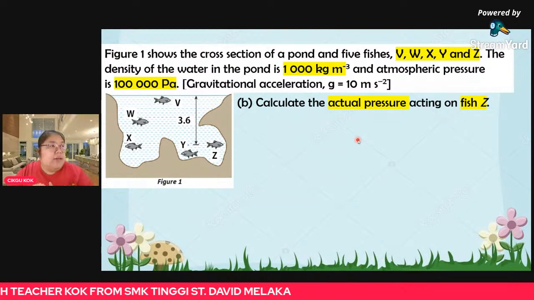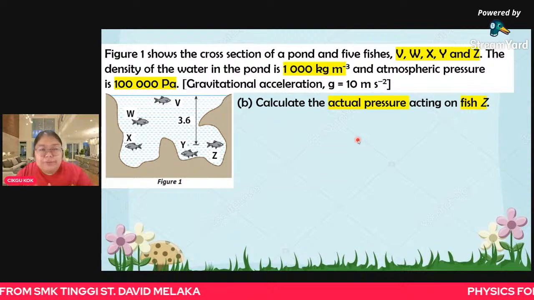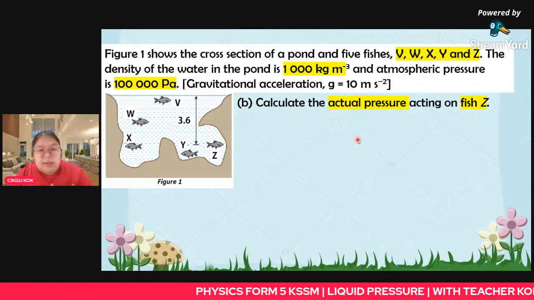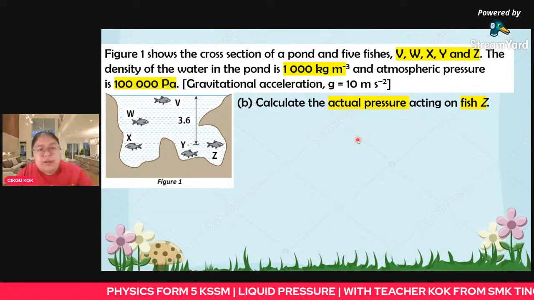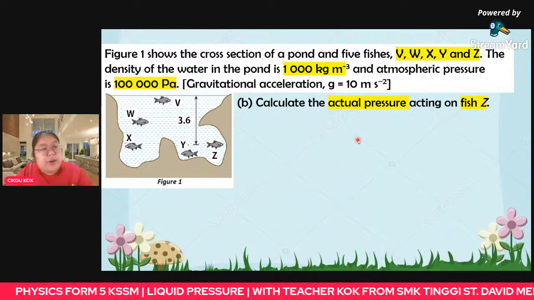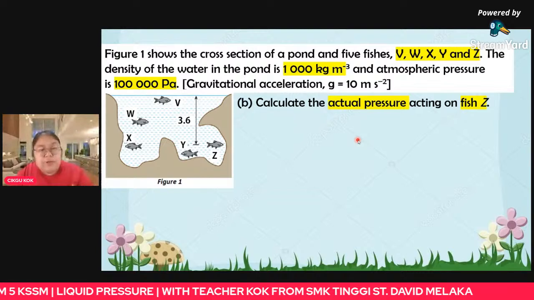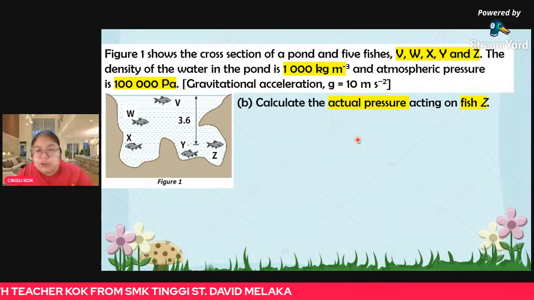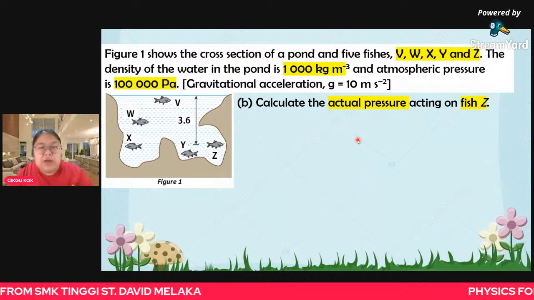Okay, overall, we need to find out the overall pressure. Find one by one. You find the water pressure first. For the water pressure, we have 3.6, that's meter, is it? The question didn't show anything, normally we use meter.